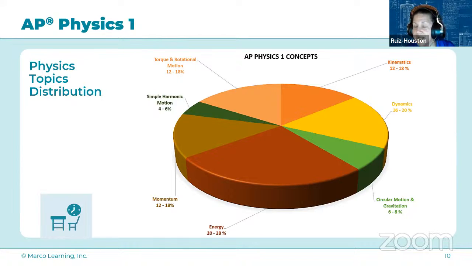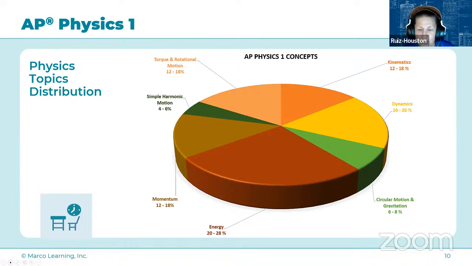And torque and rotational motion, a lot of students say that last year's exam was all circular and all torque. It's not true. What we did is the exam questions had something about a circle in it, but it was a kinematics or a dynamics or a this or a that. So read the actual question, pay attention to what's there.